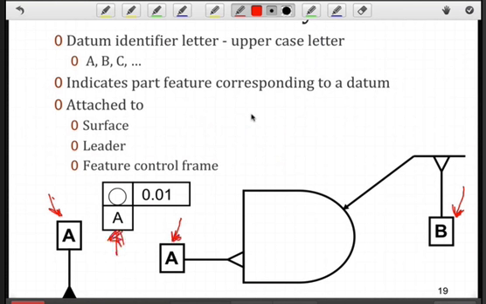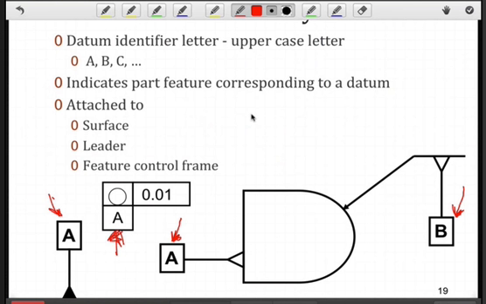And we have a variety of ways in which it will appear. Within that box, you're going to see the datum identifier, which is an uppercase letter. Typically, you're not going to see anything above an F, so we usually begin at A, B, C, D, and so forth. It would be rare to see a letter above F, but it could happen.